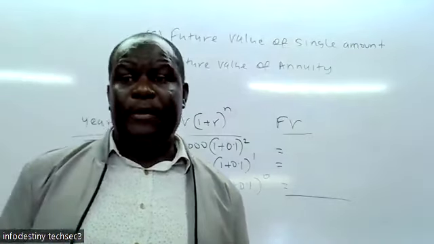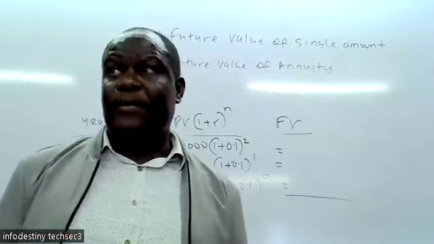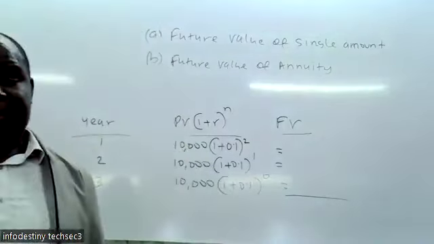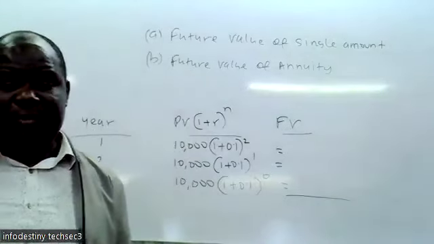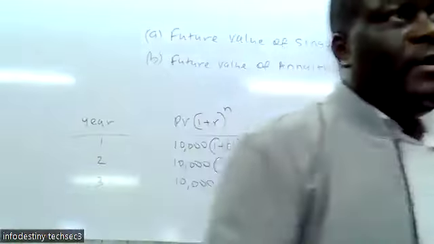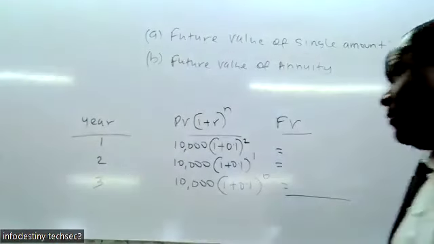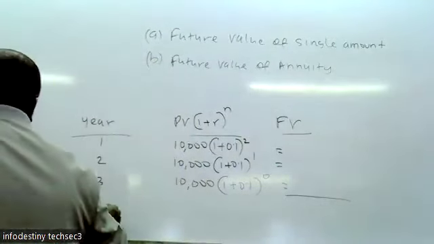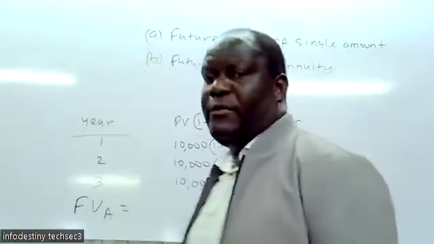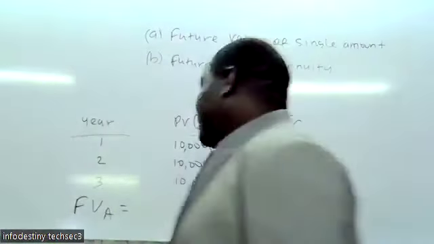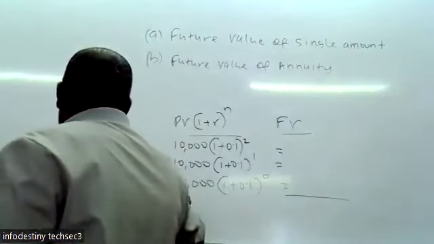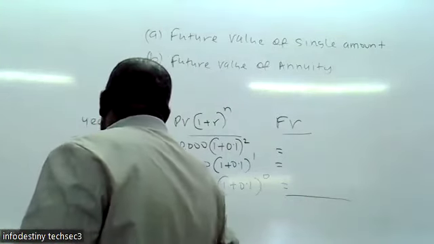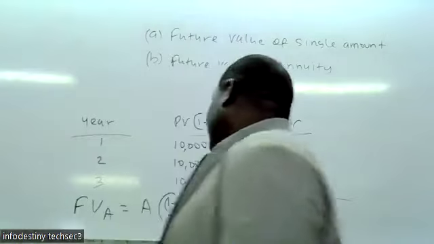Using the formula, the future value of the annuity will be expressed as follows. The future value for the annuity, you simply take the annuity, then in the brackets of 1 plus r raised to the power of n, minus 1, then divide by r.